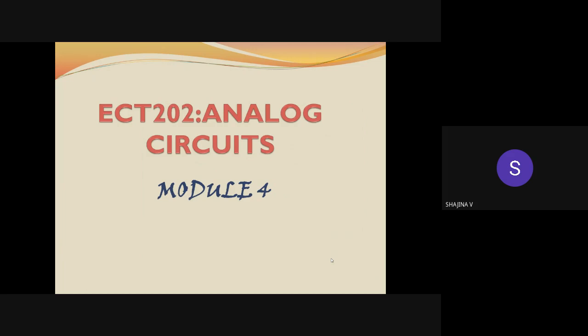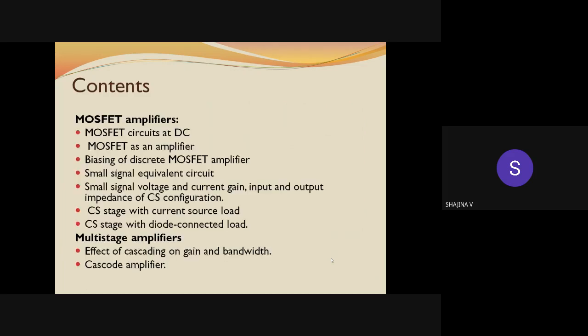So here, the contents are mainly MOSFET amplifiers and multistage amplifiers. In MOSFET amplifiers, first of all, you have to analyze the MOSFET in DC conditions, then MOSFET amplifiers and biasing of these amplifiers.